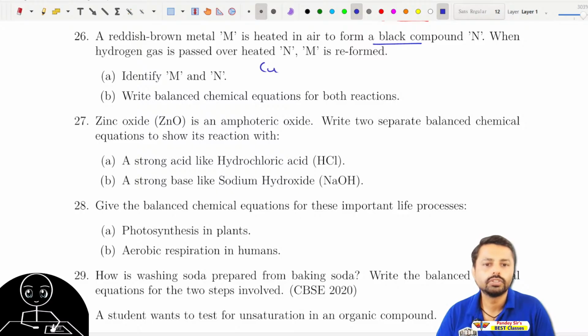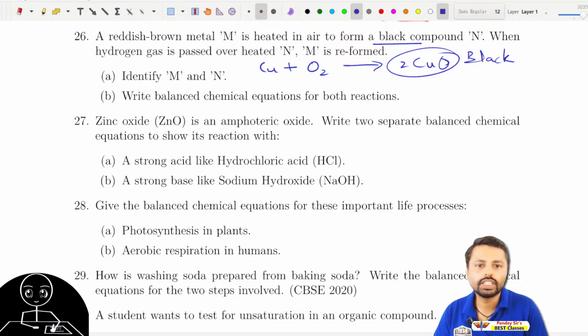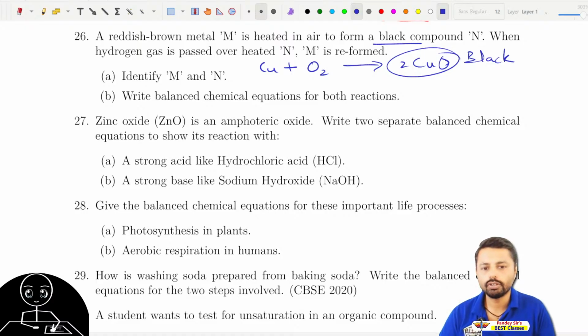A reddish brown metal is heated in the air to form a black compound. So Cu plus O2 will give you 2CuO. This is black in color. Now if hydrogen gas is passed over heated CuO, it reacts with oxygen and forms water, and M is formed again.